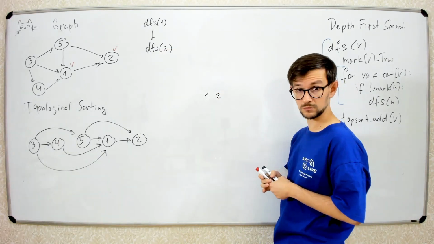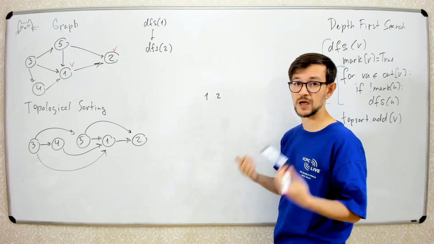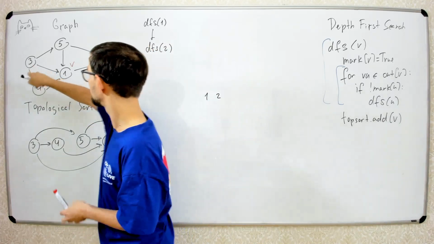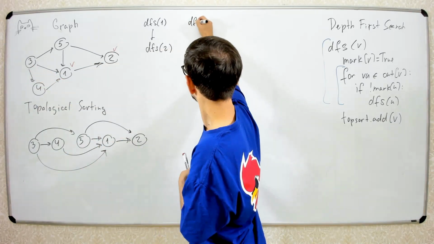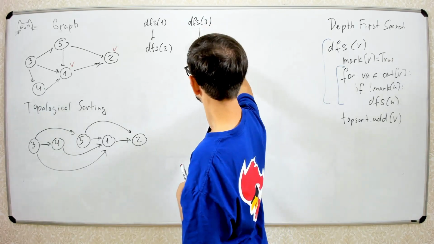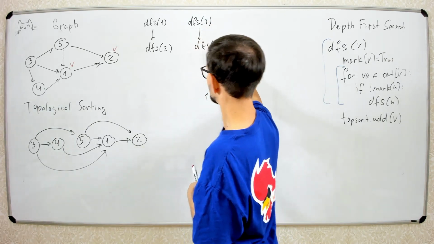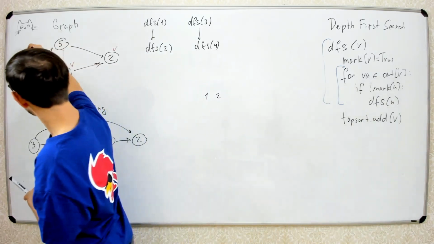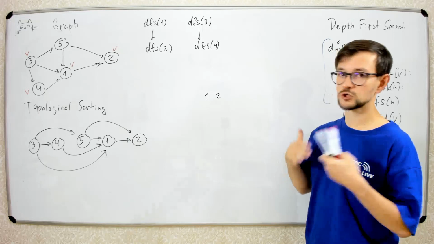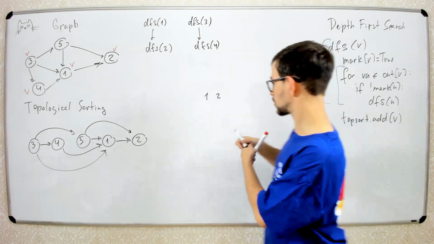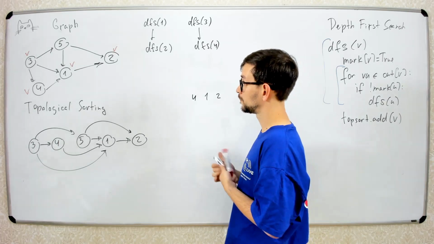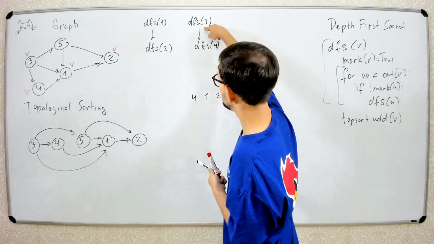That's all. Now you take any not marked node. So you take node 3, for example. Start from here, go to node, I don't know, 4. There's nowhere to go from node 4, so you stop the recursion and output node 4. Now you go back here.